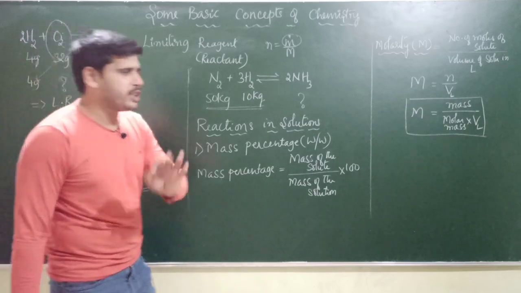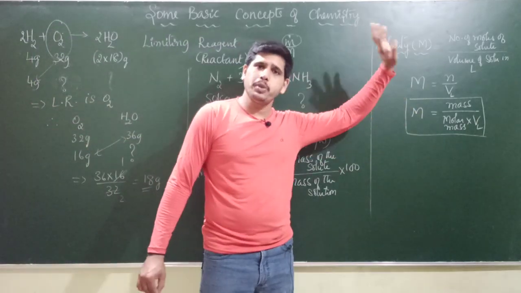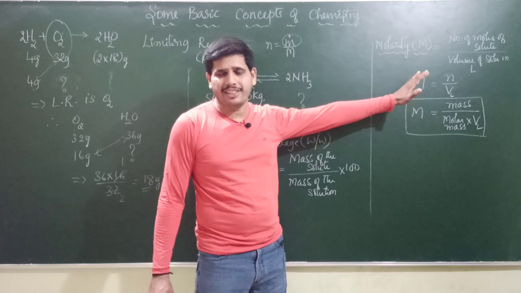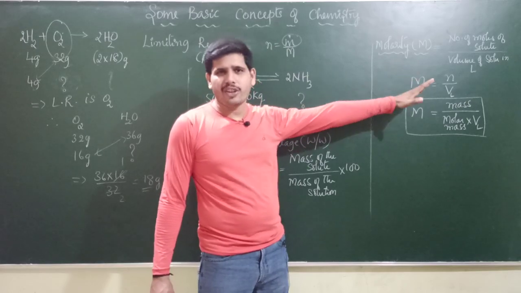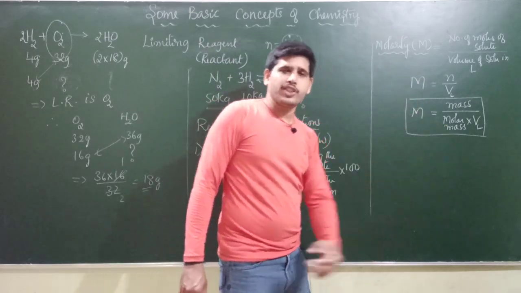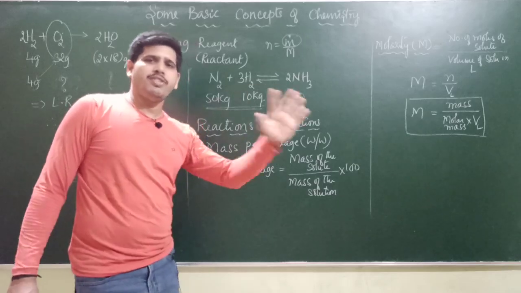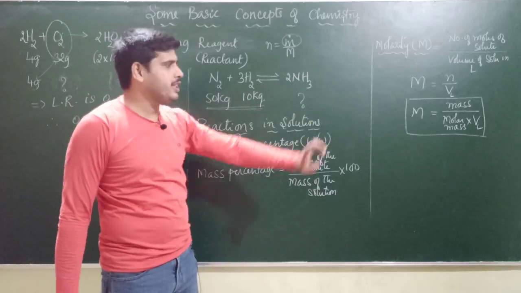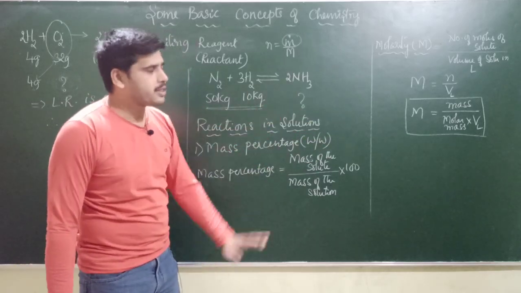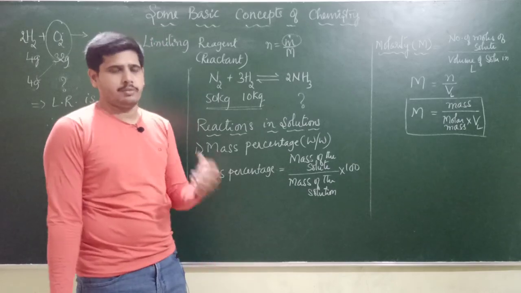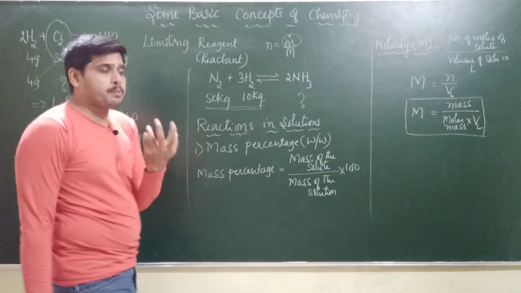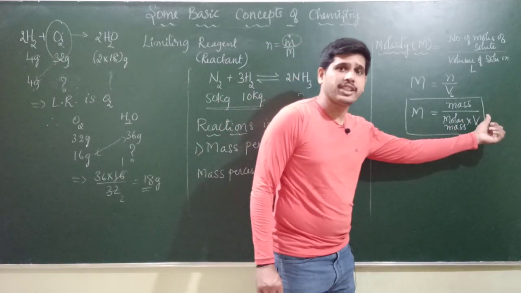Very important. Remember, it is important till your second PU and final competitive examinations, it could be JEE or NEET. Such an important formula will come in almost all physical chemistry chapters. So molarity is equal to mass divided by molar mass into volume. That volume should be in liters. Suppose volume is in milliliters, what are we supposed to do?